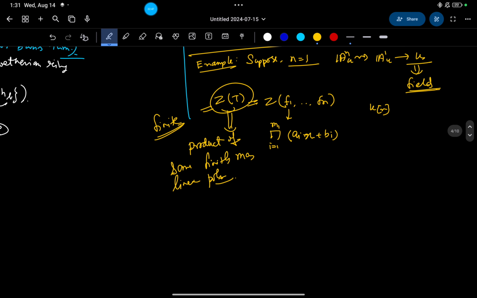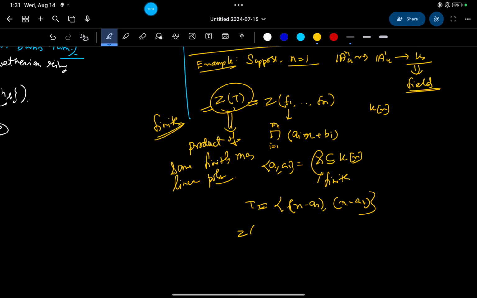Conversely, if we take any finite set, let's say X subset of K is finite, suppose it is a1, a2, then I can take T to be x minus a1, x minus a2.